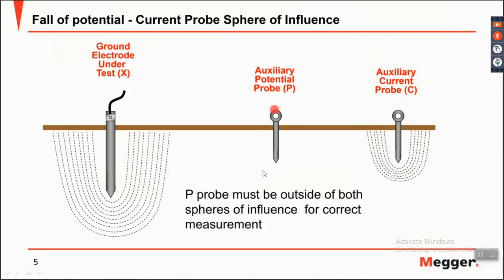So we need to ensure this potential probe is far away from both influences, or both interferences. Then if you put the potential probe like this, you will get the true measurement.